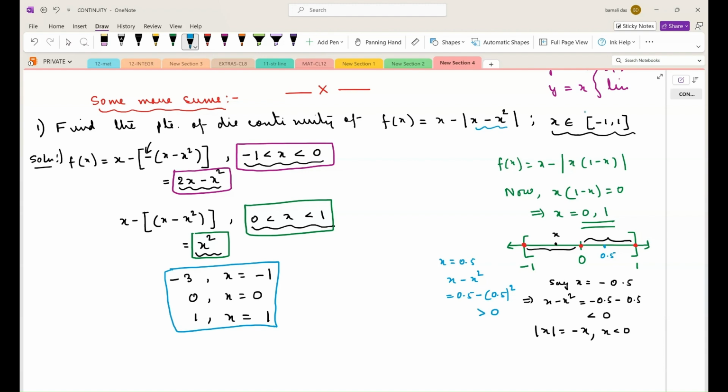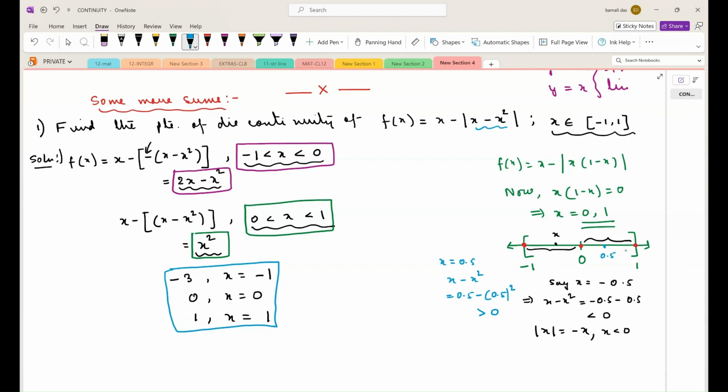And here we saw that minus 1, 1 has been divided into two intervals. So we'll do the sum in three different parts. First we will individually check the continuity of the function at minus 1, 1, that is the two border points, and 0, where there will be a change in the nature of the function.